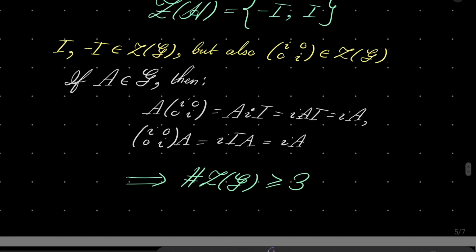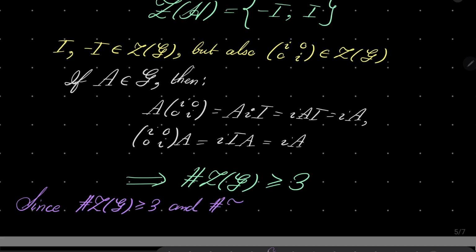And finally, we can deduce that since the cardinality of center of G is greater than or equal to 3, and cardinality of center of H is 2, from these two facts, we can already say that these two groups are not isomorphic.